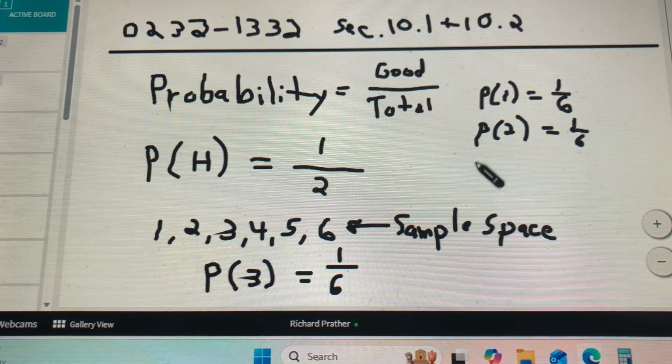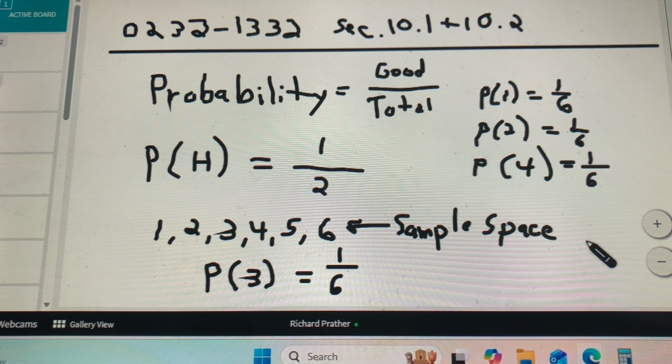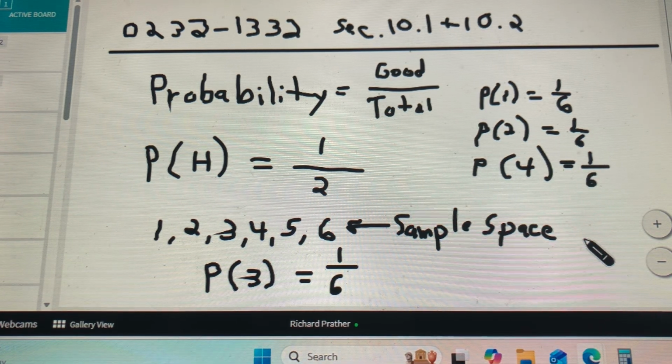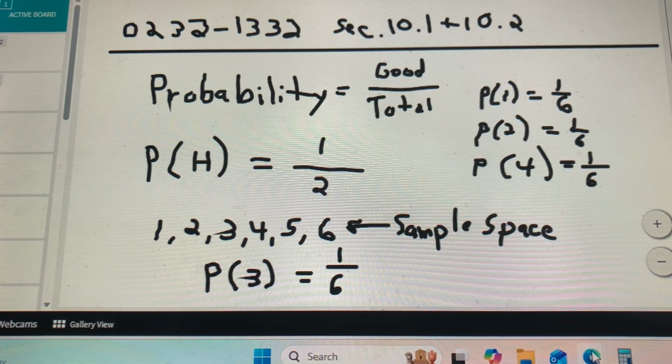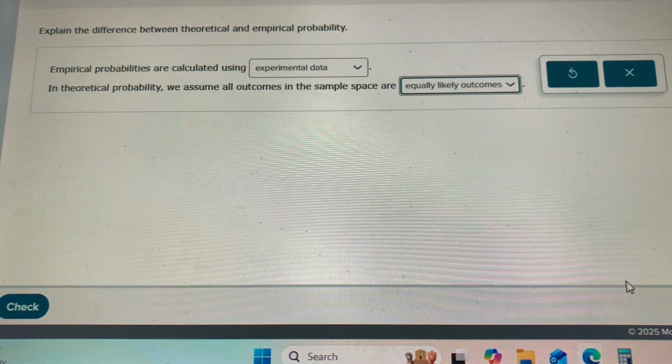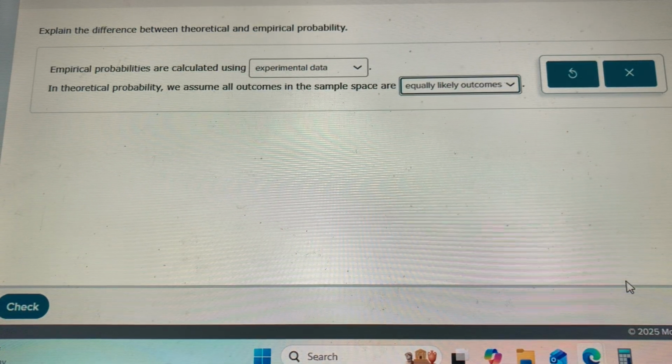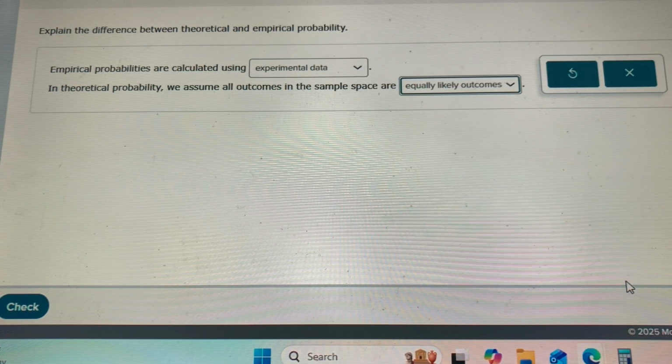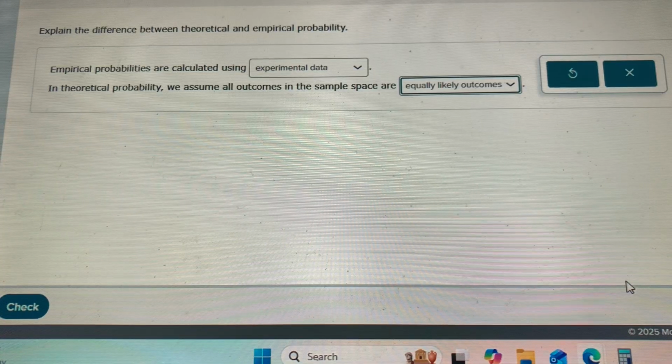Probability of a 3 is 1 out of 6. Probability of a 4 is 1 out of 6. Every outcome has an equal chance of occurring, so every outcome that can happen is equally likely, they call that. And that's what happens in theory. But in practice, if I actually do an experiment and roll the dice, I don't always get equal amounts of every possibility, especially if you do low amounts of rolling.